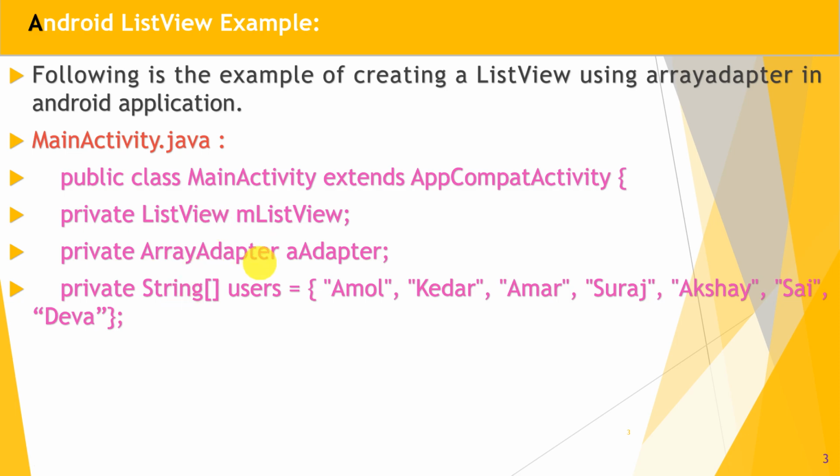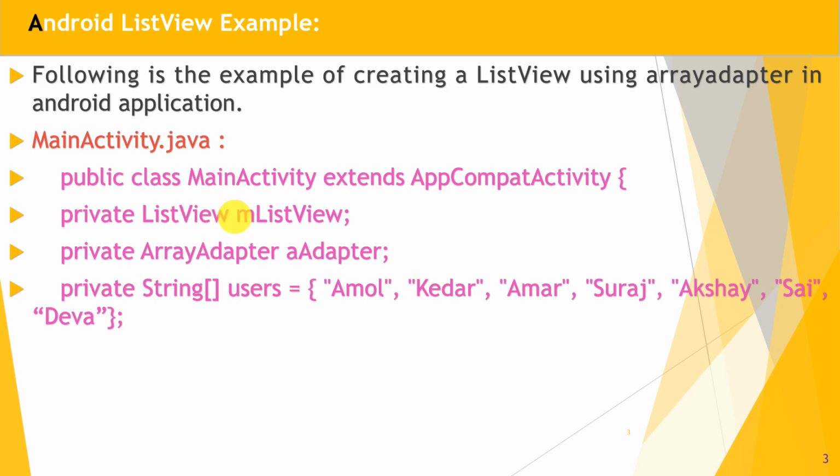So it is an intermediator. The array adapter class is an intermediator between your source, here the source is an array, and your list view. So it is an array adapter view.